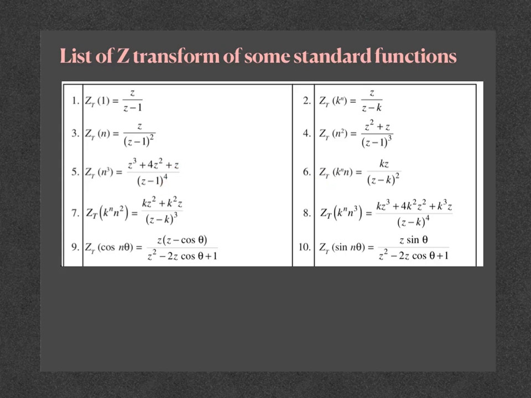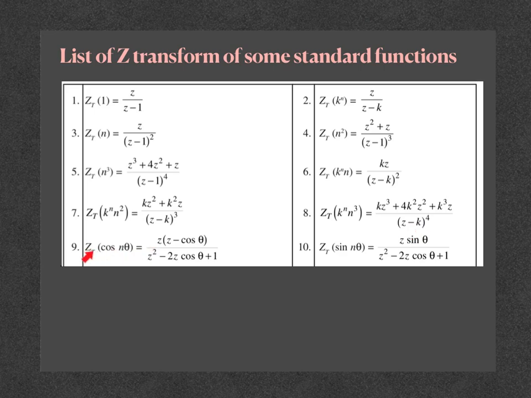Z transform of k power n into n is kz divided by z minus k whole square. Next, Z transform of k power n square, using the damping rule with the n square and n cube formulas, is kz square plus k square z divided by z minus k whole cube, and for k power n into n cube, the Z transform is kz cube plus 4k square z square plus k cube z divided by z minus k whole power 4.